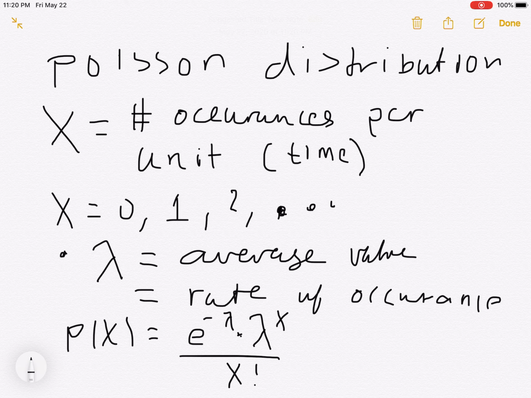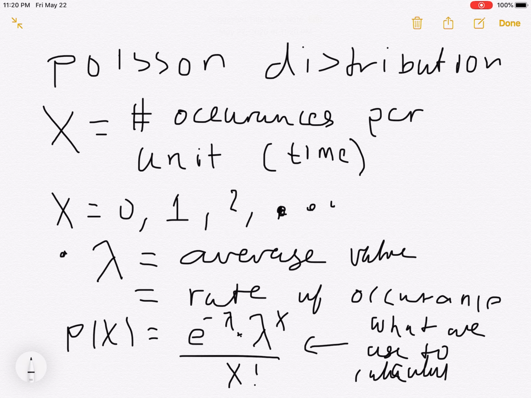And this is how we calculate probabilities, p of x.